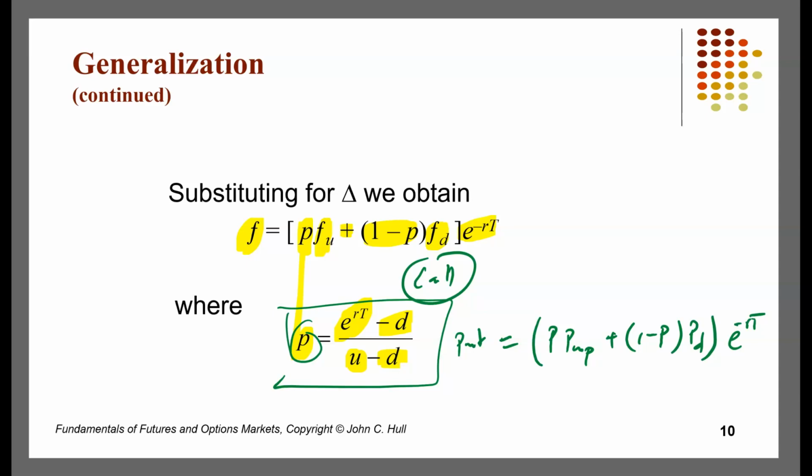What that represents is the risk neutral probability that the stock price can be increasing over that period, and 1 minus P would be the risk neutral probability that the stock price can be decreasing over that same period.